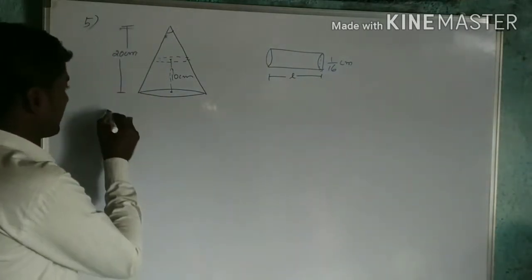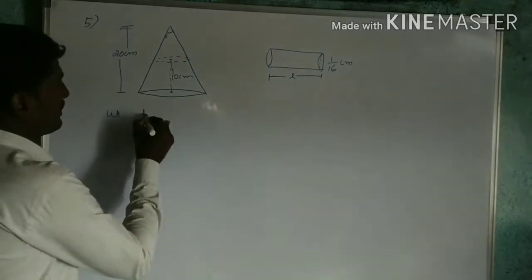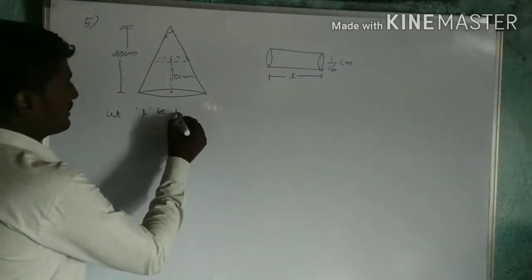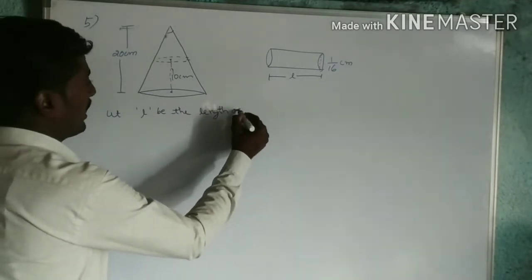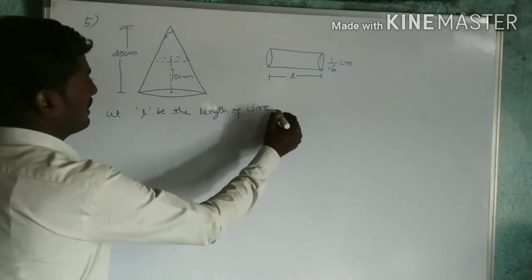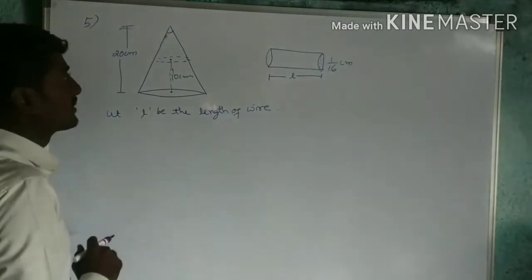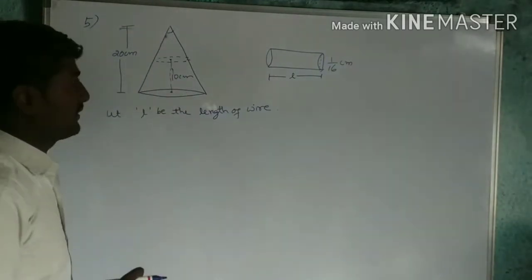Now let us write: let L be the length of the wire or cylinder. Now let us take the given data first.